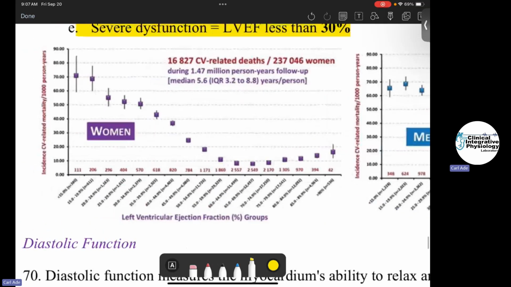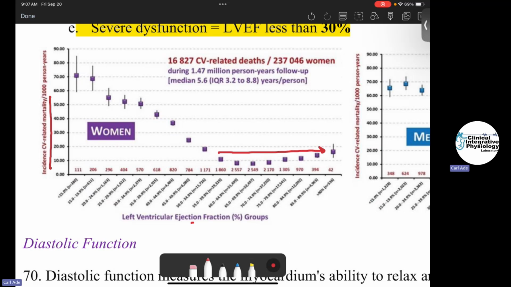We can actually look at the importance of this. We'll look at the women here. The other side is the same just for men. This is the incidence of cardiovascular related mortality, and down here is the ejection fraction. Note that basically from here this way, incidence is very, very low. There's a 55 to 59.9% ejection fraction, 60, 65, 70.